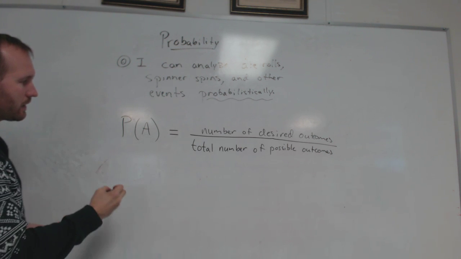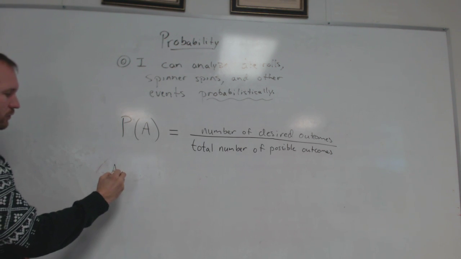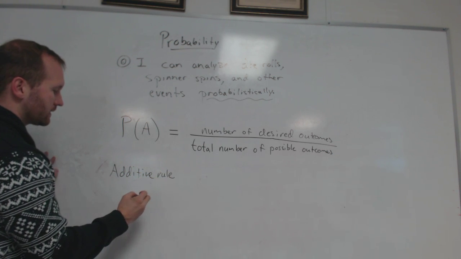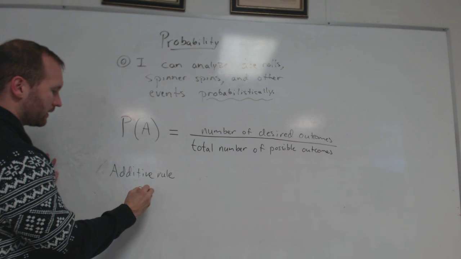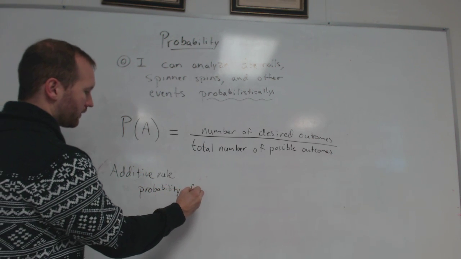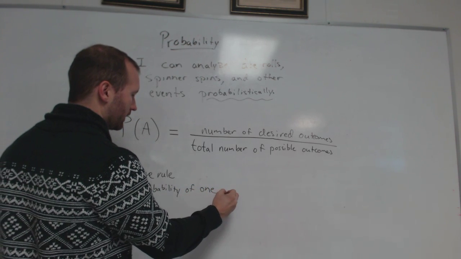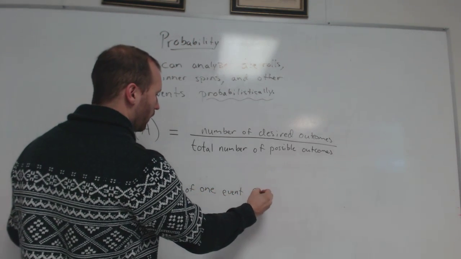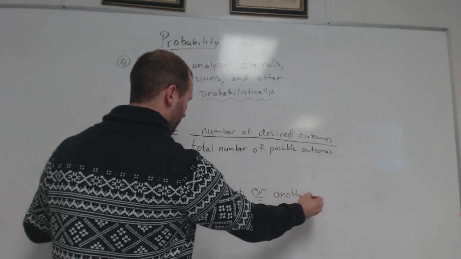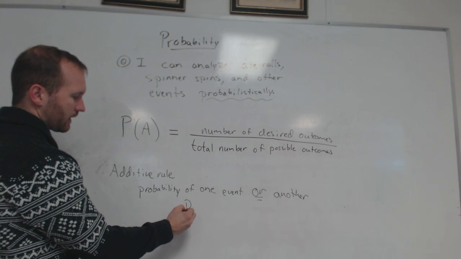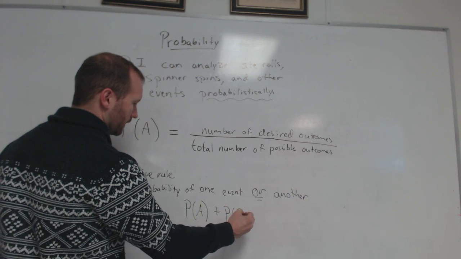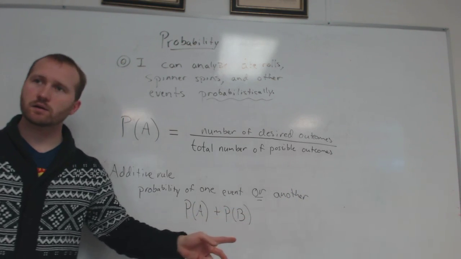Now sometimes it's going to be easier to use the additive rule or the multiplicative rule. Right? So the additive rule was if we want the probability of one event or another, that's the same thing as the probability of A plus the probability of B, where A and B are two different events.